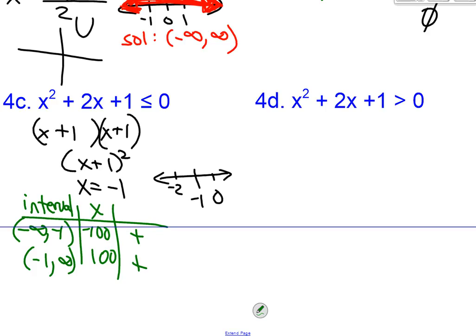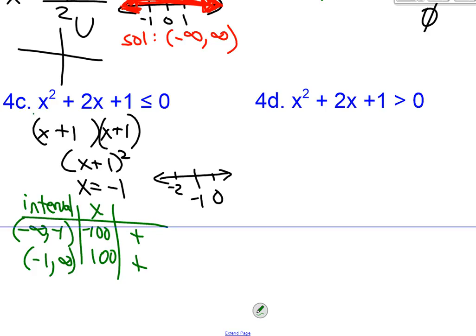In this case, I'm looking at when this is less than or equal to 0. So what is my solution? Right, what if it's at -1? I'll just throw that back as a question. Would -1 work? So we always have to look at that carefully.